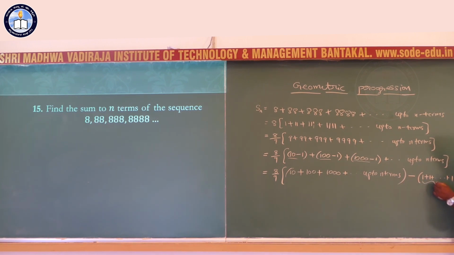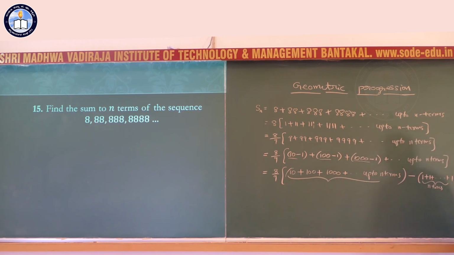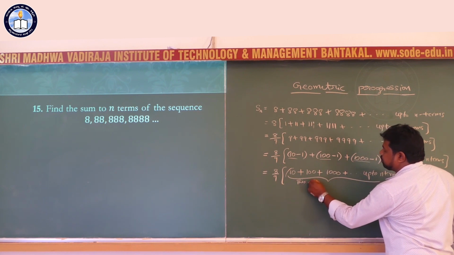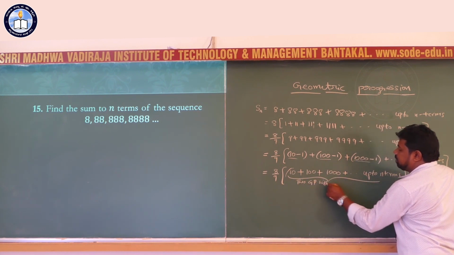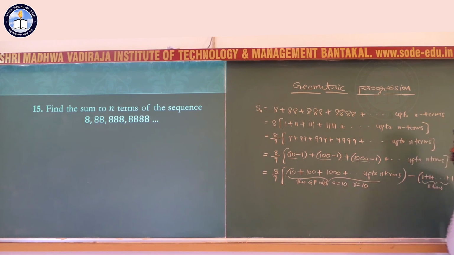Here n terms are there, 1 plus 1 plus 1 n times. Here 10 plus 100 plus 1000 is in GP. This is a geometric progression with the first term a equal to 10 and common ratio also 10.